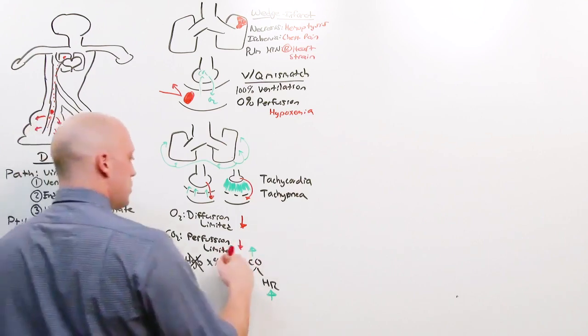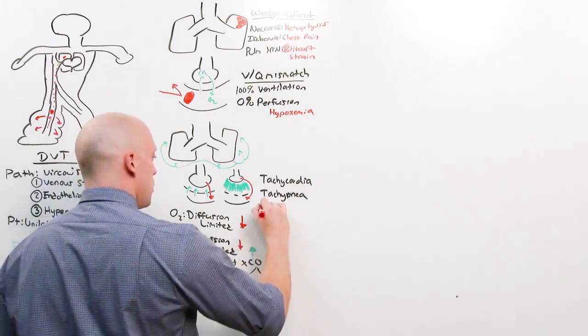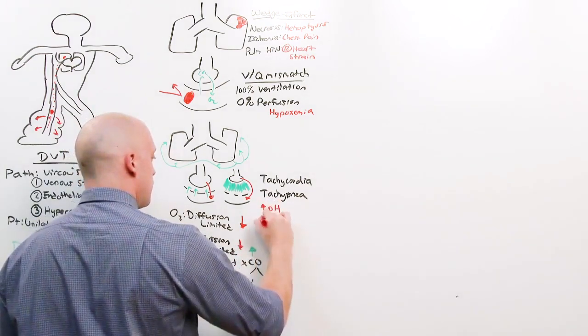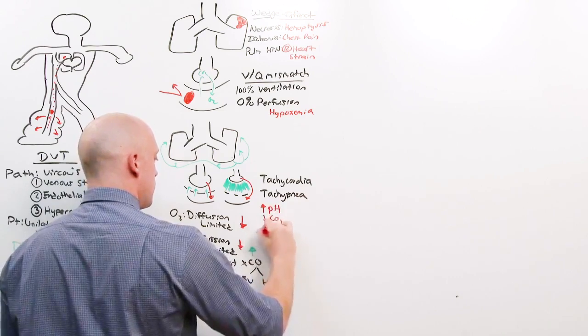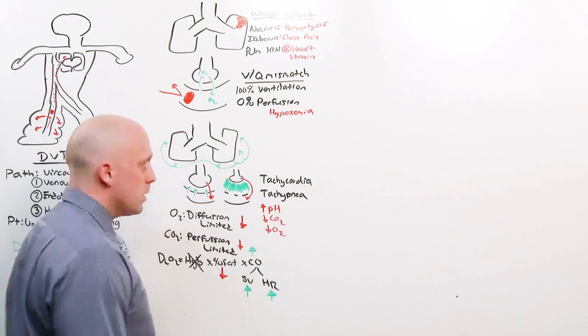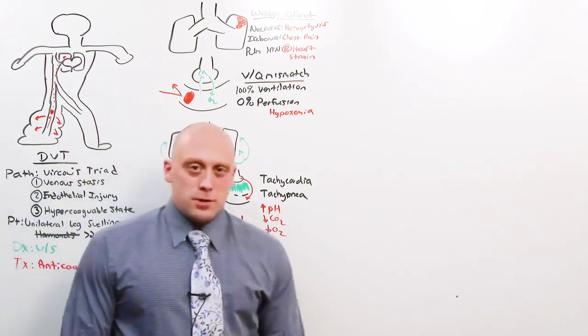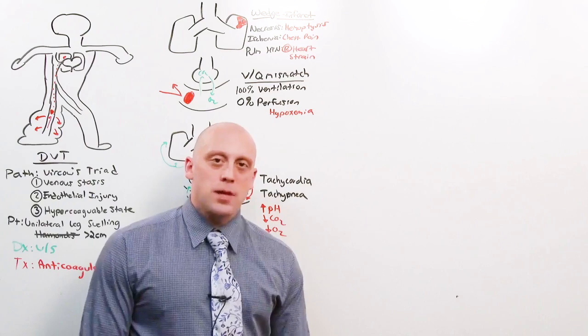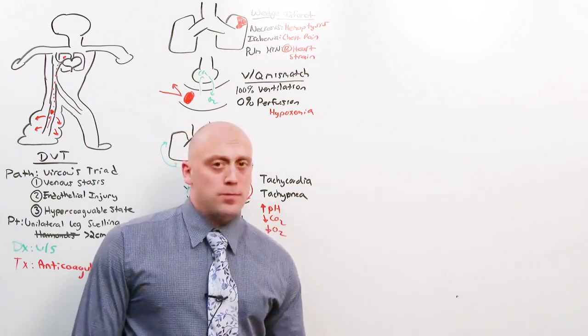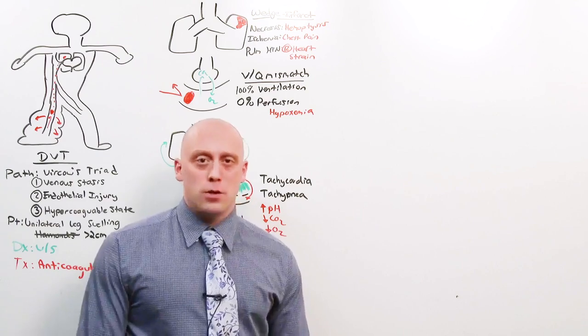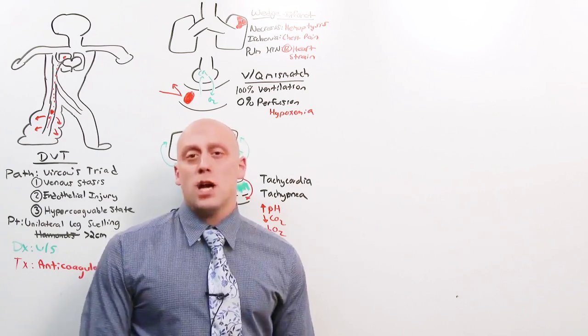And because the CO2 drops, the pH will rise. All of these are sort of soft signs because they don't have to happen. They may happen, but they may not happen. So none of these are really reliable for pulmonary embolism, but these are the potential consequences of having a PE.